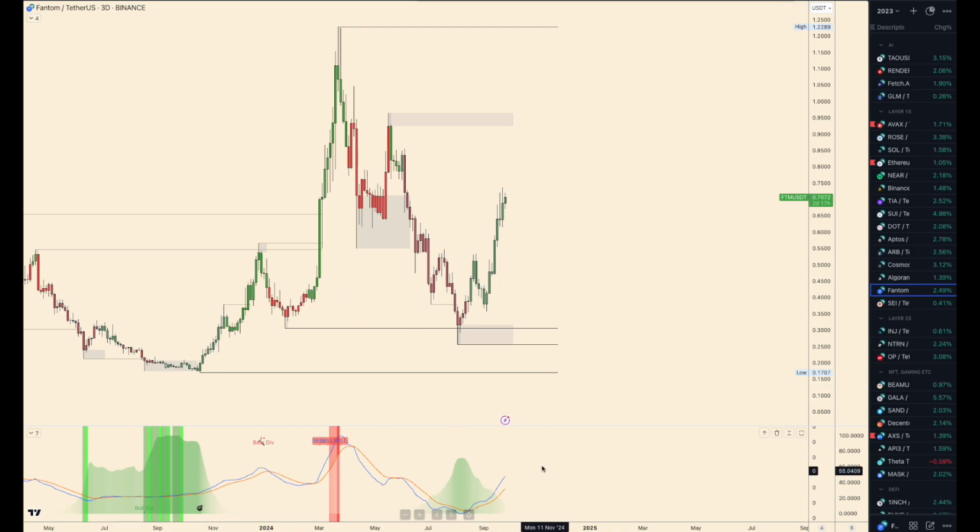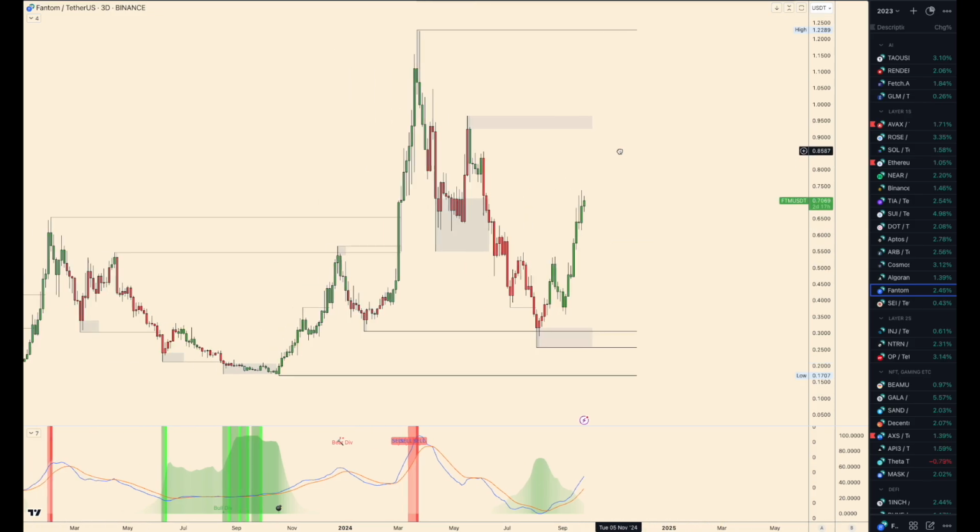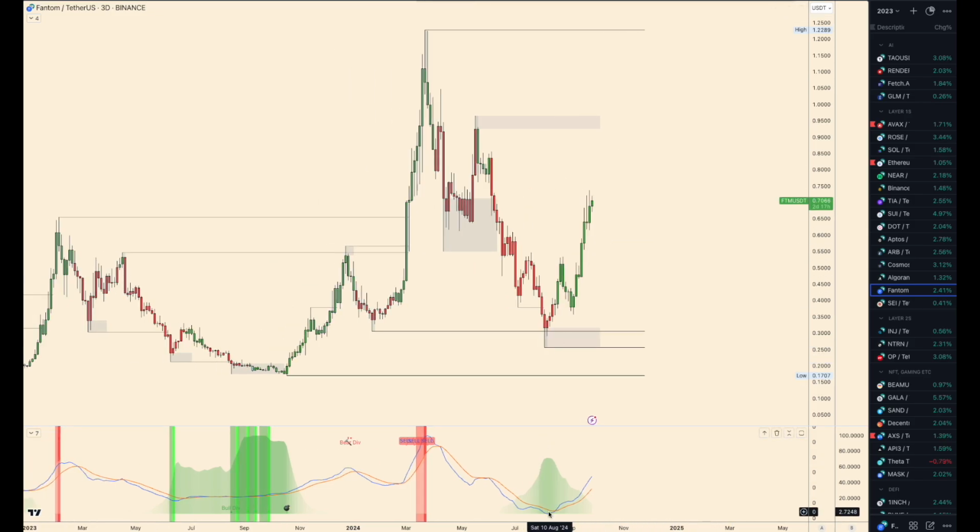That's the point of this as well. You can use the MACD. On the bottom here, you can see how we reversed the MACD at the bottom, right? If you look, this is the bottom. This is when we had the reversal in the MACD, and now it's just in a MACD trend. And you can see how beautiful this trend is.